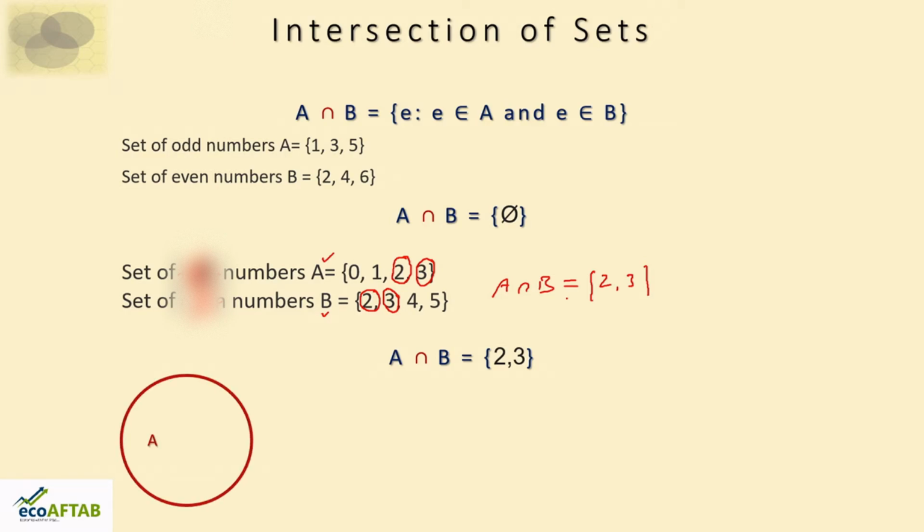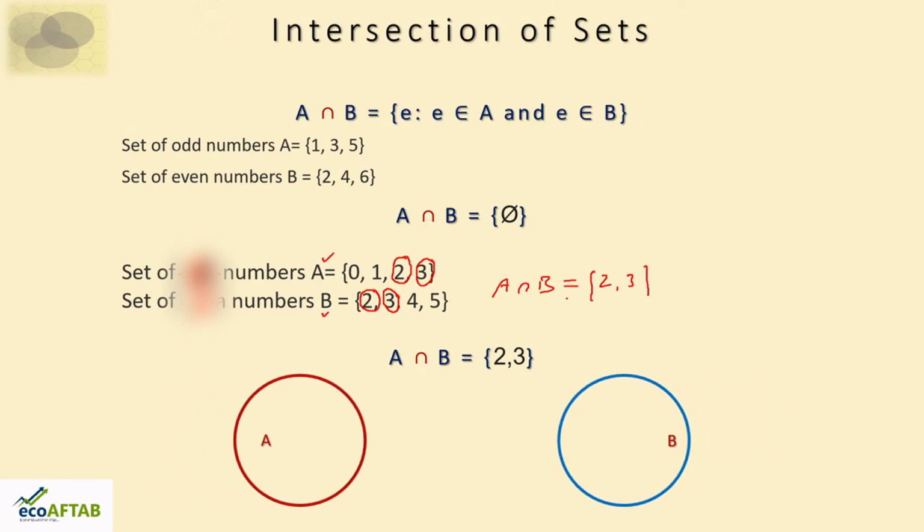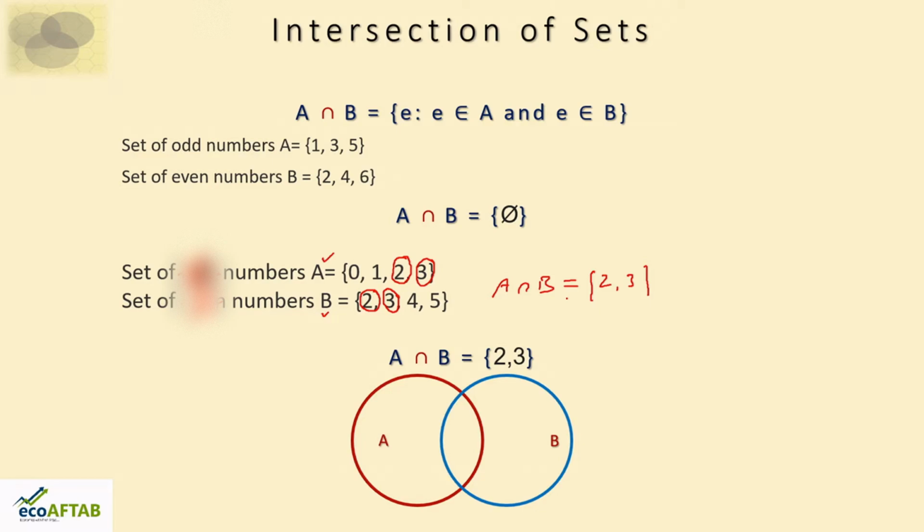Let us see the same thing in the form of a Venn diagram. So when I bring in the intersection set operation, how will it look? Set A and set B, there is only a small area where both the elements are common. Only in this particular area you can see 2 and 3, and here we find 0, 1, here we find 4, 5.